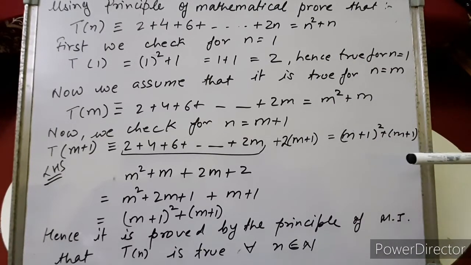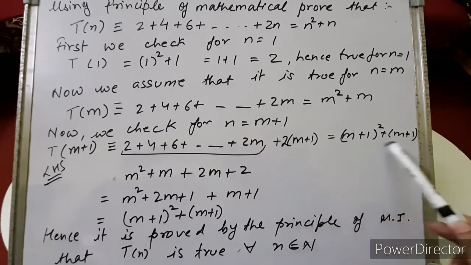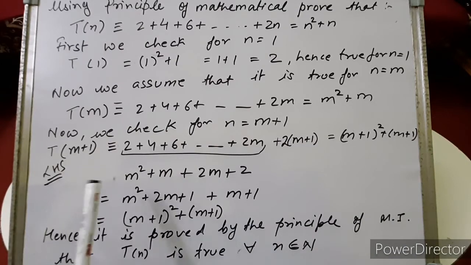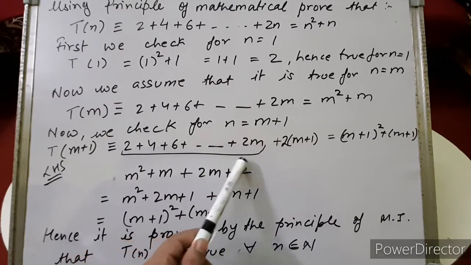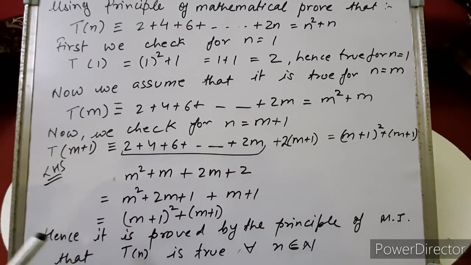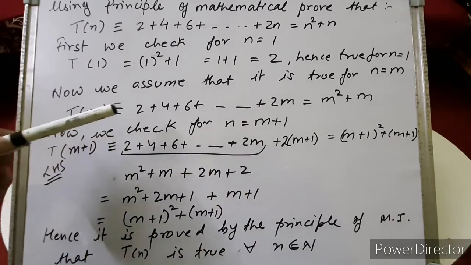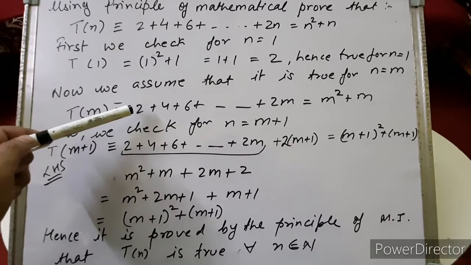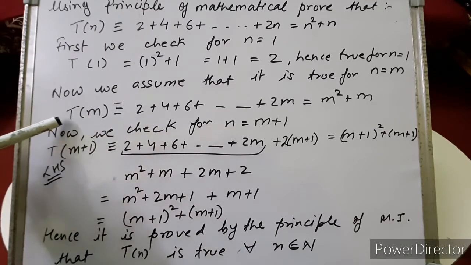Right. Now let's check whether this statement is true, whether the left hand side and right hand side are equal or not. Let's discuss, children. Just pay attention to this much sum, right? 2 plus 4 plus 6 up to 2m. The sum of these many terms we have already assumed as m square plus m. Here we have assumed that it is true for n equals m.